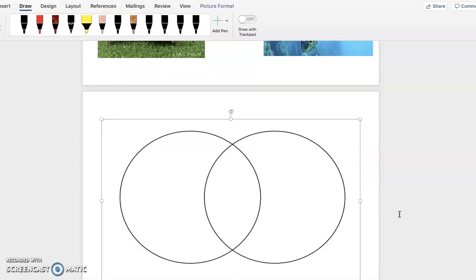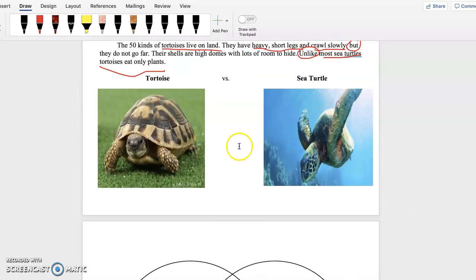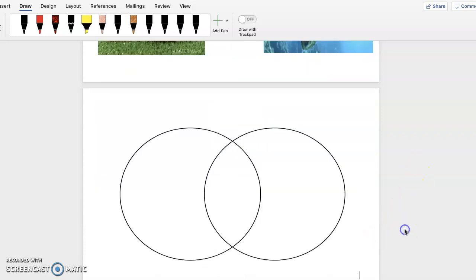And then you can see a really cool picture and look at the difference between a tortoise and a sea turtle. You see that the tortoise's shell is a little bit larger than the sea turtle's, and the sea turtle's body looks a little bit bigger than the tortoise's. The tortoise has short little legs, so they move slower than the sea turtles.